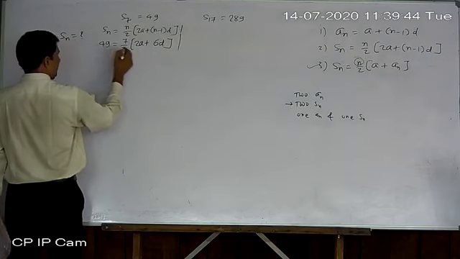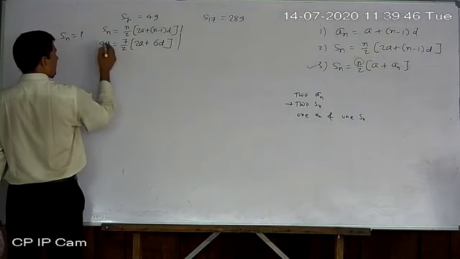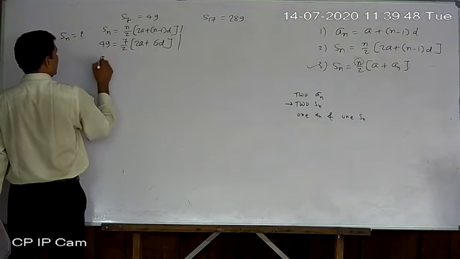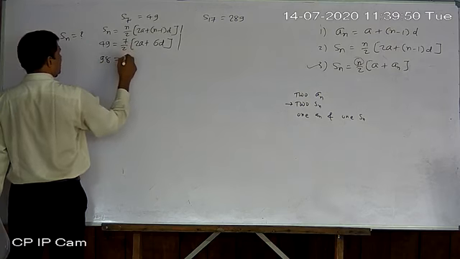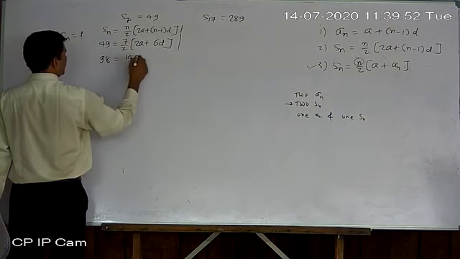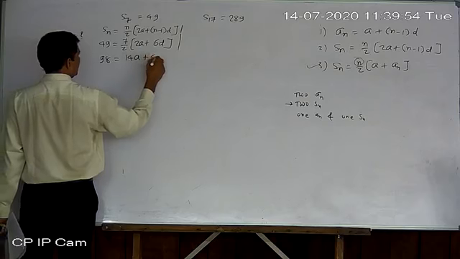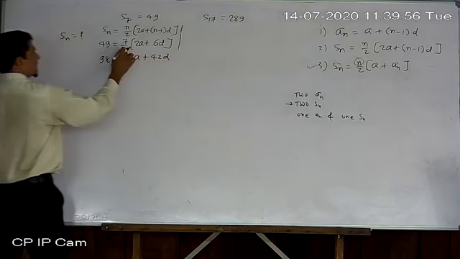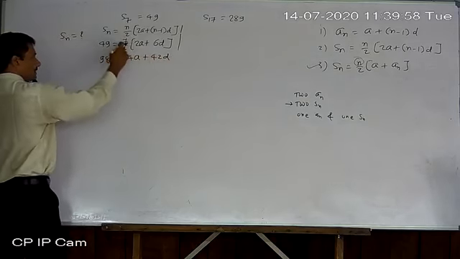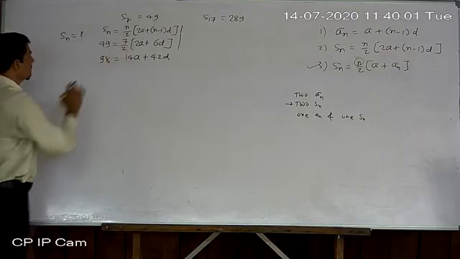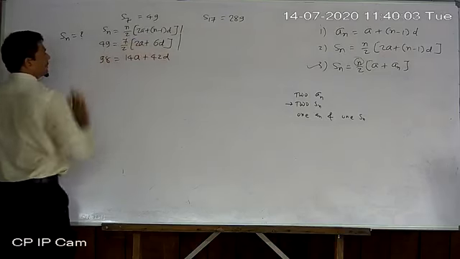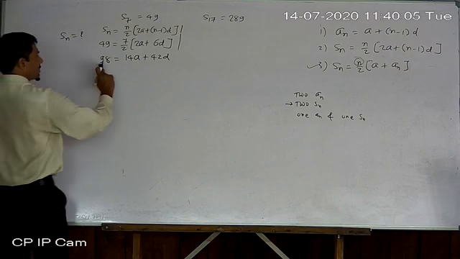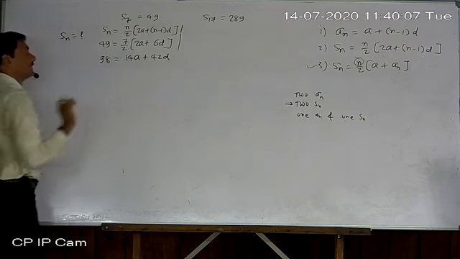Now put that one here only. So it will be 98 equal to 7 into (14a plus 7 sixes, 42d)... I just shifted the 2 here because 49 is not divisible with 7 by 2 while the bracket is open. Now this whole equation is divisible by 14.